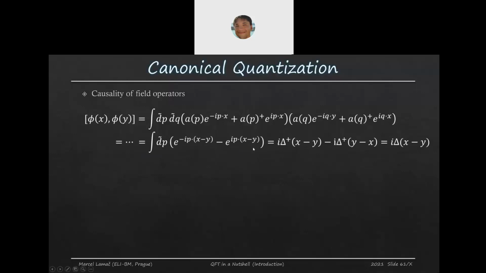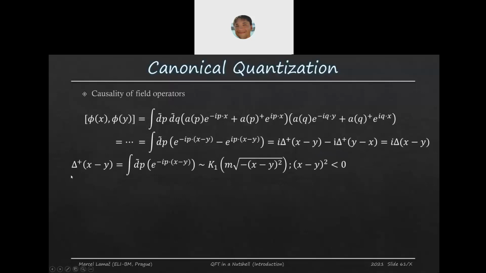The first term is known as the retarded Green's function of the Klein-Gordon equation, and from that we subtract also the retarded Green's function of the Klein-Gordon equation, except with the argument switched. And this difference is known as the Pauli-Jordan function.